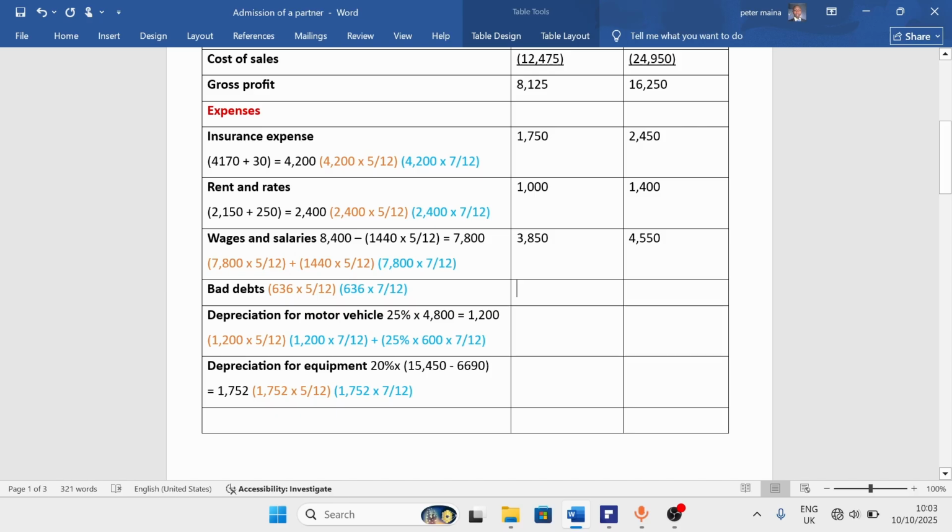So 636 times 5 divided by 12, that gives us 265. And then in the second period, 636 times 7 divided by 12, that gives us 371. We go to the next expense, which is depreciation.